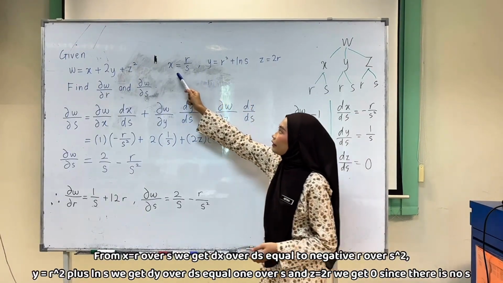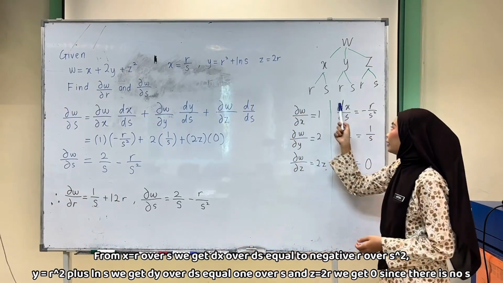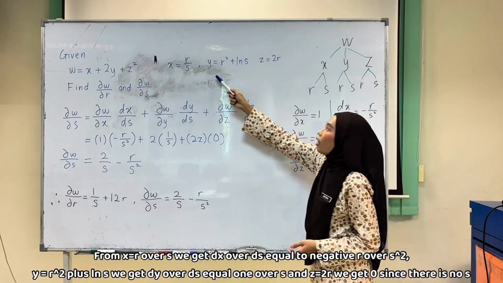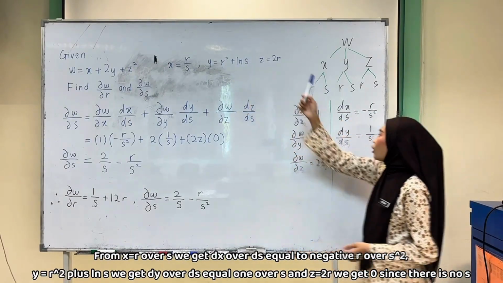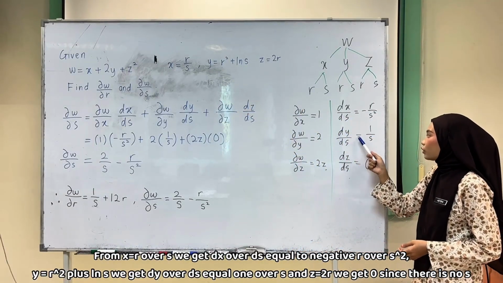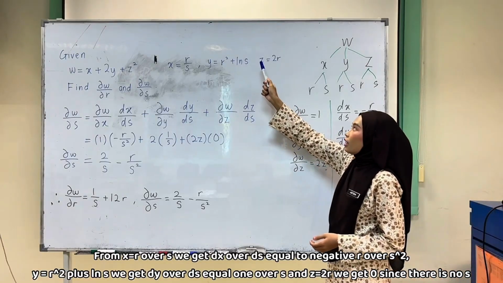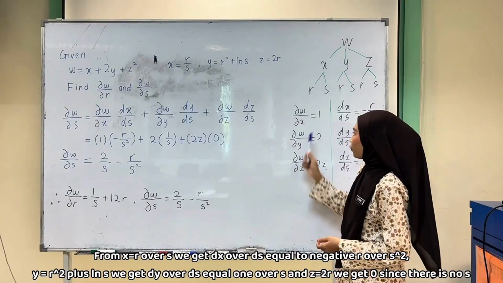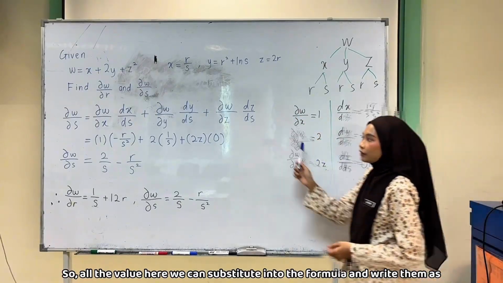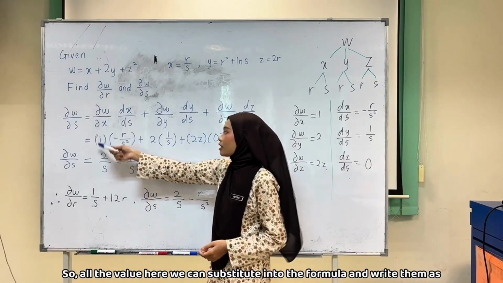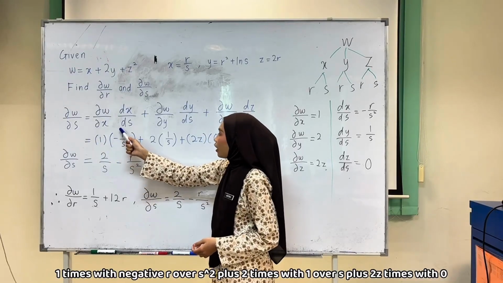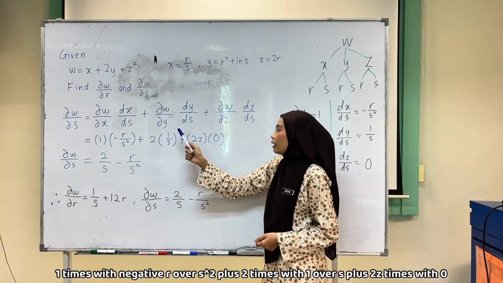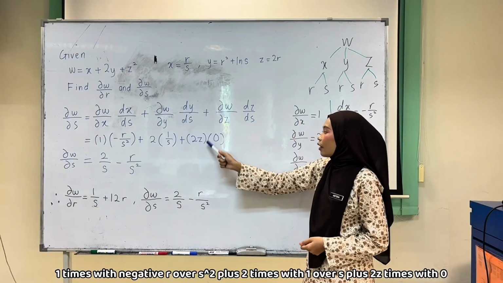From x equal to r over s, we get dx over ds equal to negative r over s squared. From y equal to r squared plus ln s, we get dy over ds equal to 1 over s. And from z equal to 2r, we get 0 since there is no s. So, all the values here we can substitute into the formula and write them as 1 times negative r over s squared, plus 2 times 1 over s, plus 2z times 0.